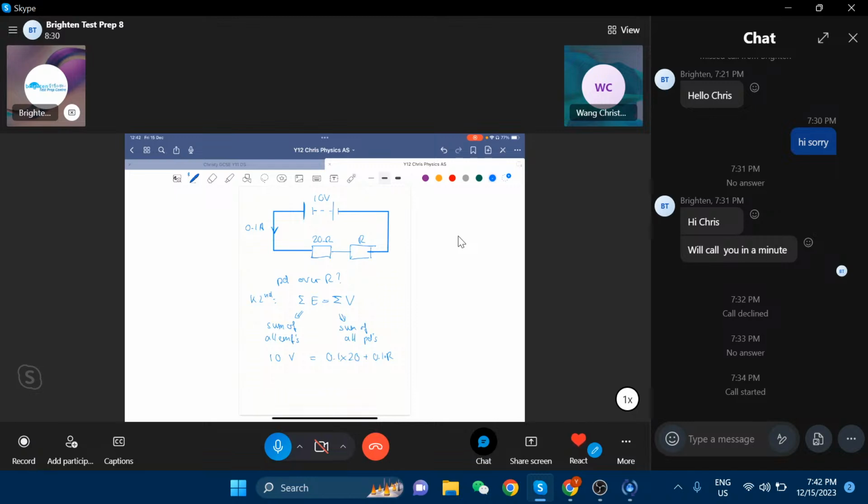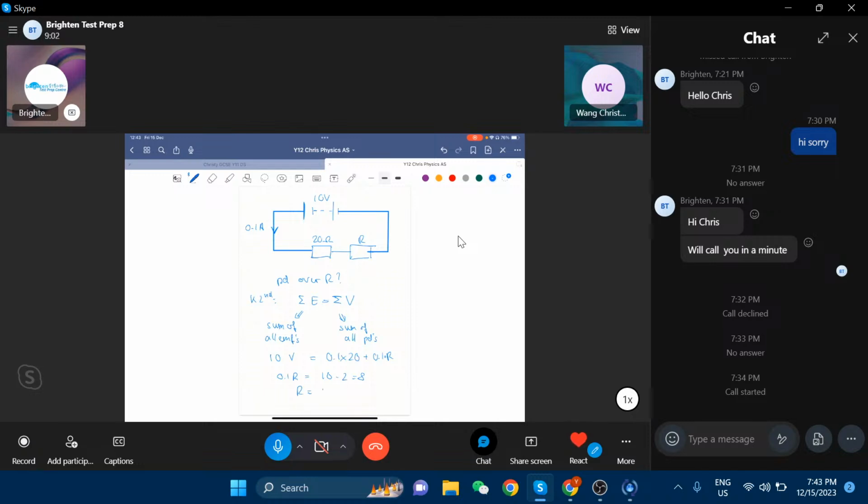So then how do we solve that? 0.1 R equals 10 minus 2. Sorry, writing is a bit shaky. 0.1 R is 10 minus 2. Quite straightforward actually, which means 8. So R is how much? 80.